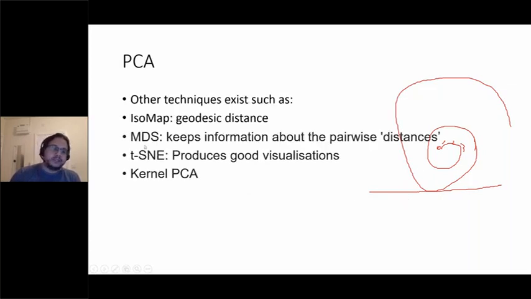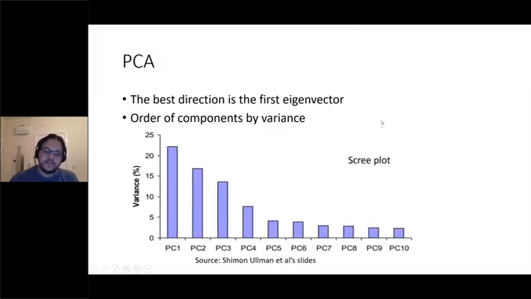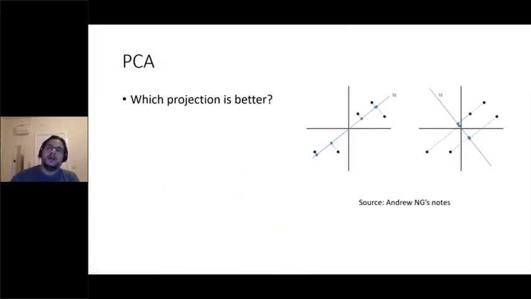We have others, MDS. MDS keeps the information about the pairwise distance. What does it mean? The distance between these points in 2D is known. The distance between this and this, we know how far apart they are.